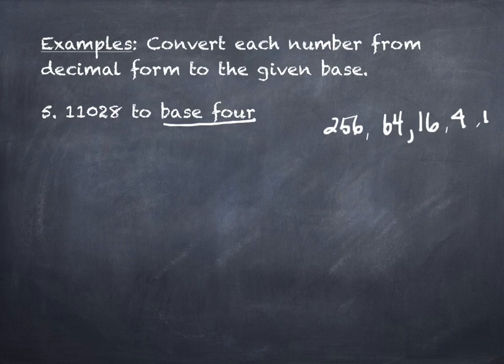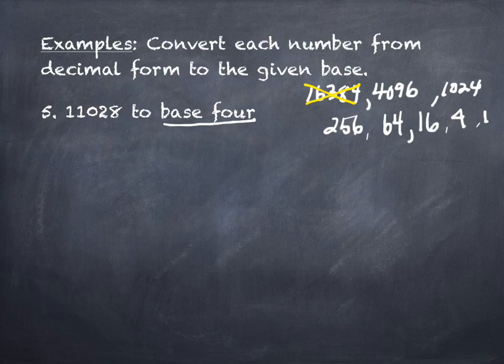Then 256 times 4 is 1024. 1024 times 4 is 4096. And then 4096 times 4 is 16,384.